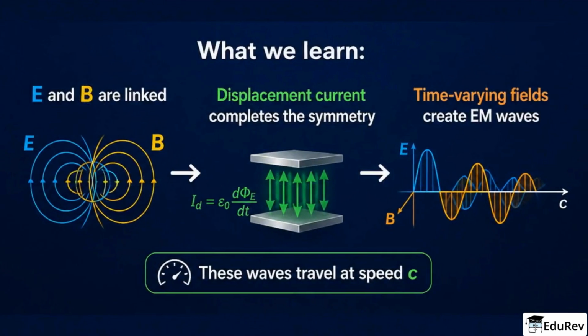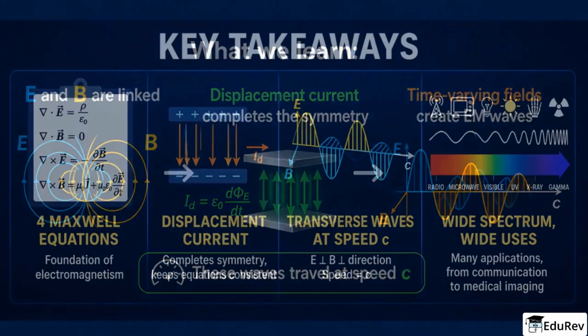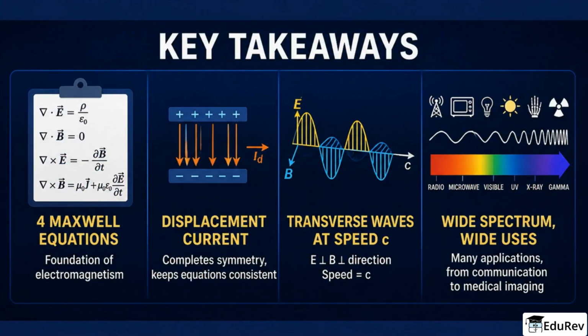So what do we learn from this? We learn that Maxwell's equations tie electric and magnetic fields together. Displacement current completes the symmetry, and time-varying fields make electromagnetic waves that travel at speed c. Let us quickly remember the main points. 4 Maxwell equations, the role of displacement current, waves are transverse and travel at c, and the spectrum has many practical uses.